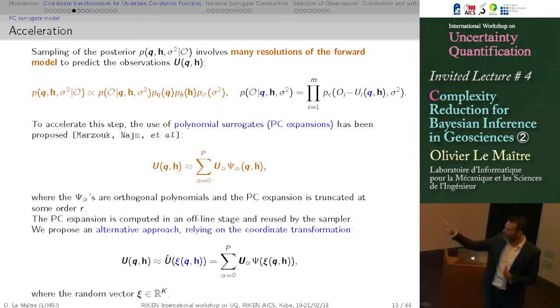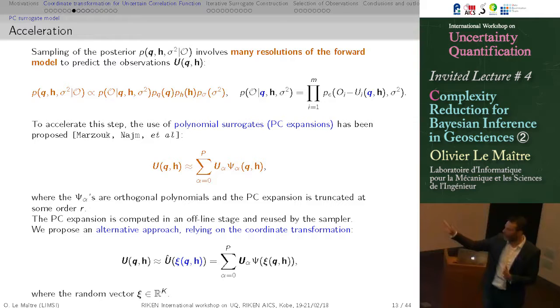Now, we have to sample this, and we have a common representation for all values of the hyperparameter in terms of a single set of coordinates, the reference coordinates Q. So when you change the hyperparameter, you change the a priori measure on Q, but you keep the basis. So you can keep the same value of Q when you sample.